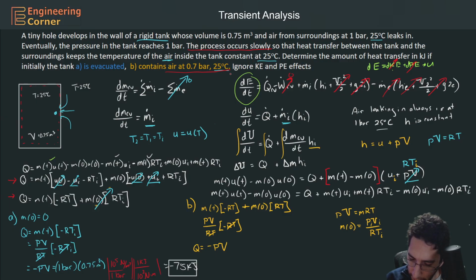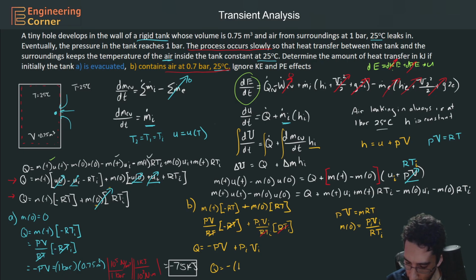So when we put that into the equation, we'll have this is plus PiVi over RTi, RT, and those are going to cancel. So now we're going to have plus PiVi.